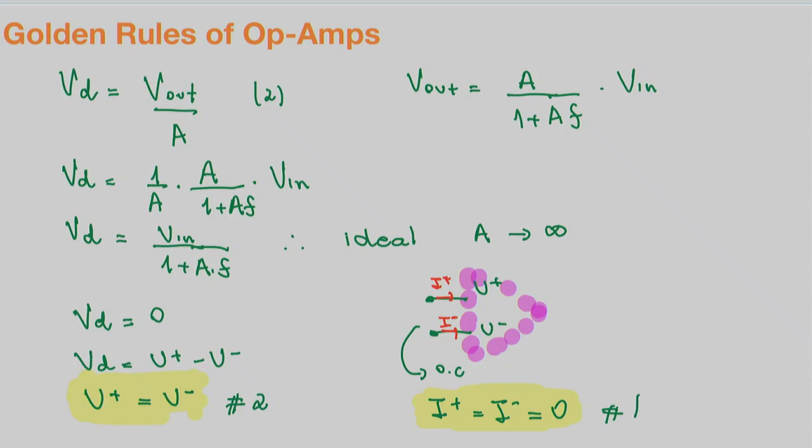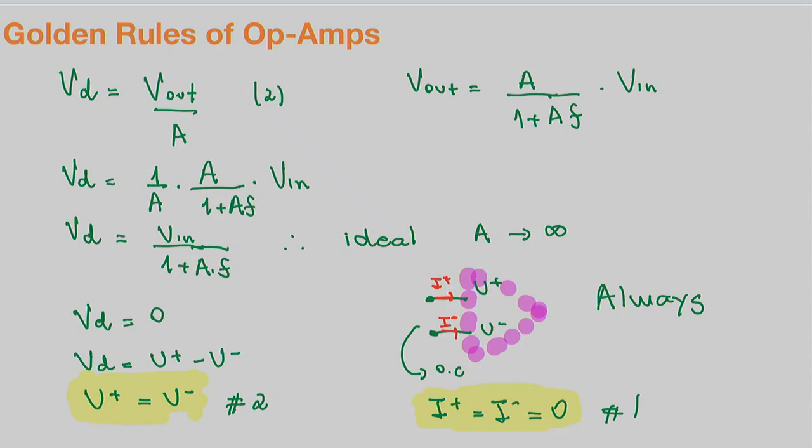We did use this from day one, but I didn't call it golden rules, because there's time for jargon after the learning. We're going to use this over and over today. So, I plus equals I minus equals 0, always the case. U plus equals U minus if ideal amplifier and amplification is infinite.